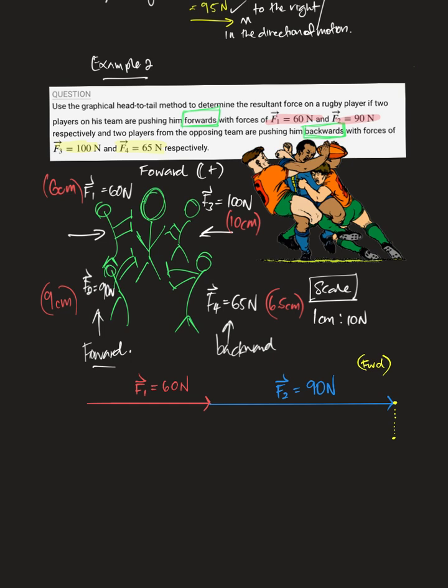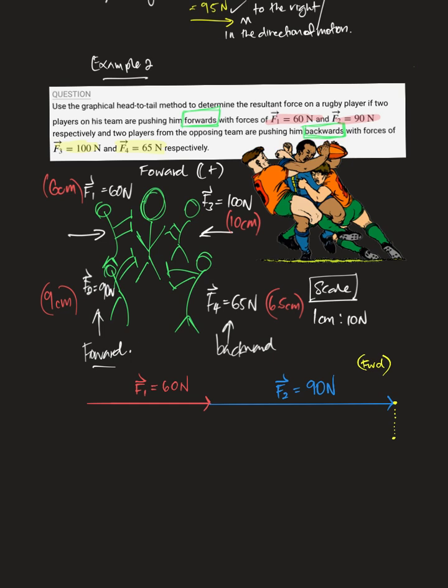The first one I'm looking at is the 100 newtons. So I'm going to get my ruler and go to this point, and I'm going to draw in 100 newtons.